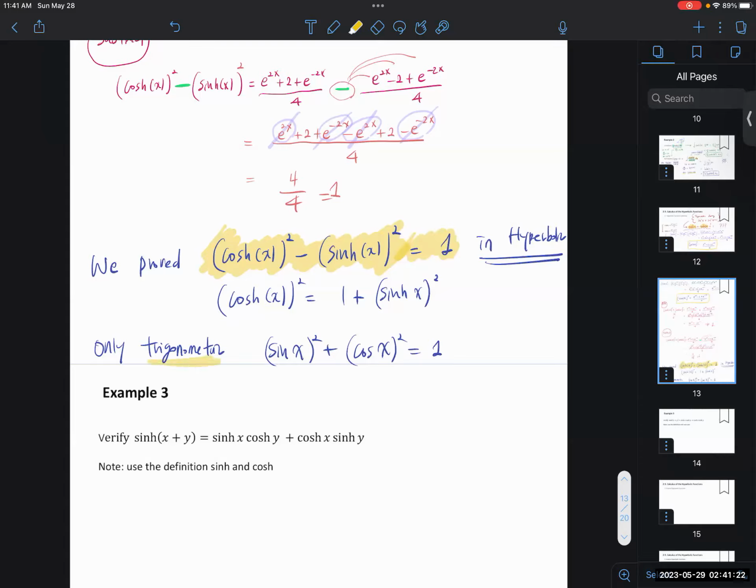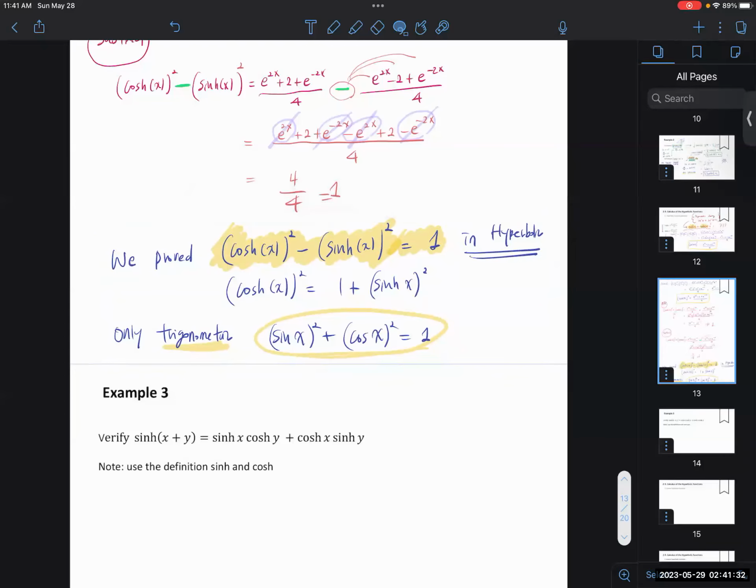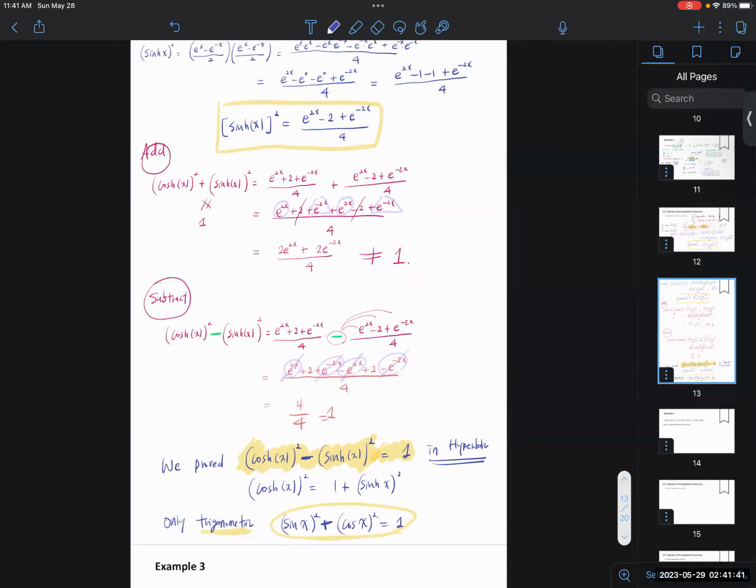Only in trigonometric, if you add them, sine squared plus cosine squared is 1, so that's a different thing. So that's the important identity in terms of the hyperbolic function we just proved, subtract. Okay, so this is adding. So I hope this identity is clear and we're going to use this a lot, okay?